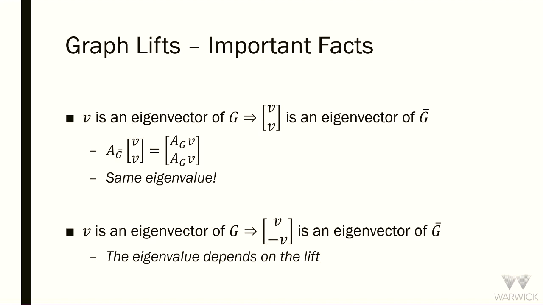And the other eigenvectors are of the form (v,-v). So in each fiber, the assigned values sum up to 0. And the exact eigenvalue depends on the chosen lift. We have many lifts for a graph because you can choose different perfect matchings between the fibers.